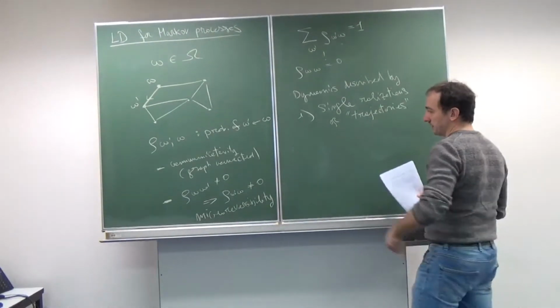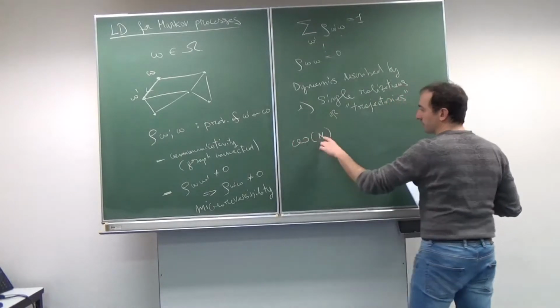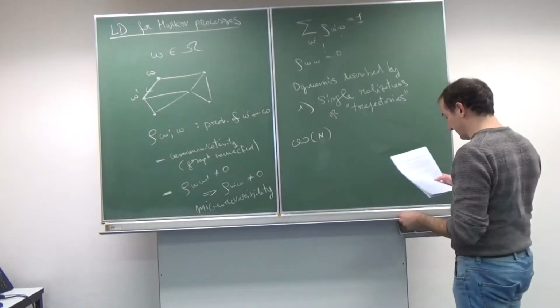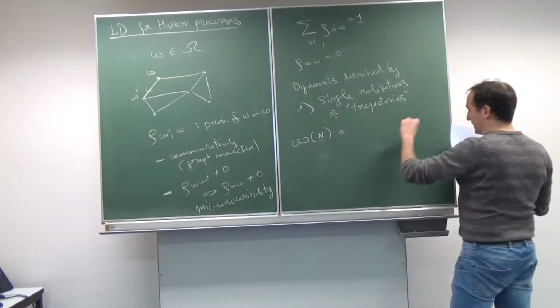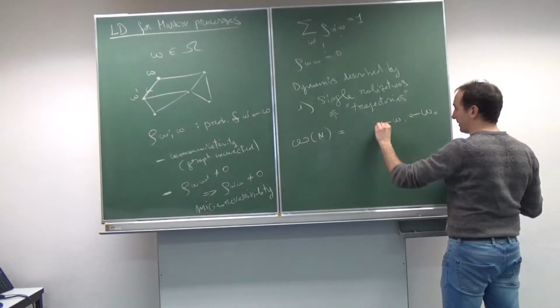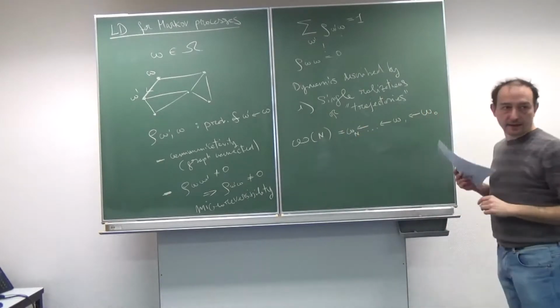So that would be, up to some time, where n now plays the role of time in this case, just a succession of states. We start from omega 0, we jump to omega 1, and so on until we get to omega n.